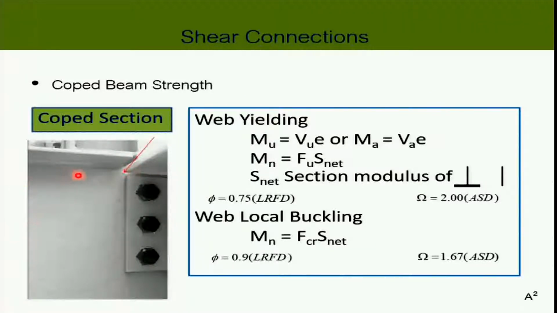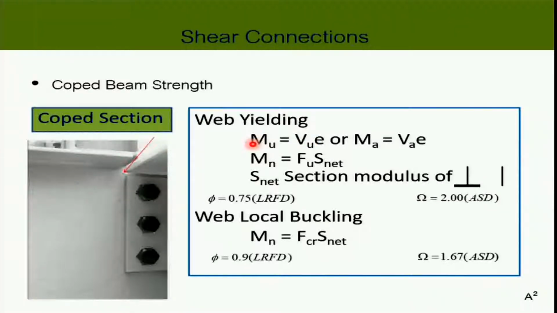Okay, so by checking that, we turn this into moment. This is your shear force, because it's a shear connection after all, right? And this shear force multiplied by the distance that it has to go from the beginning of the cope section into the end, that becomes the eccentricity. And you multiply that distance with the shear, you get the moment.